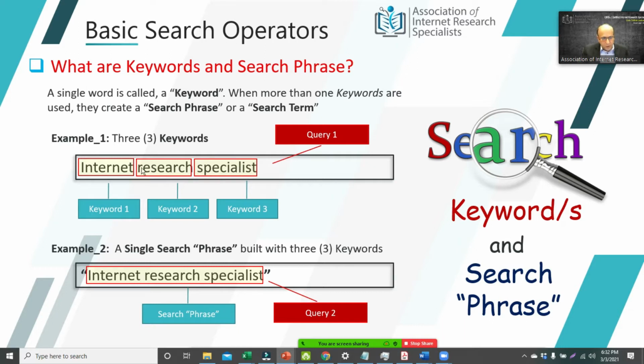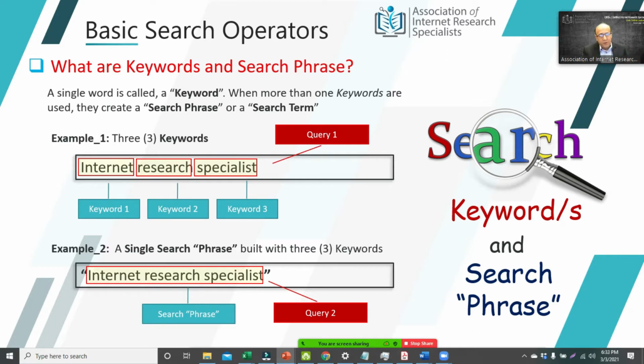So the search is going to think of each of these words as single keywords, not as a single search phrase. A phrase means that the words are going to maintain the sequence to give it the sense in which it is actually put together. So a phrase can have a different meaning if we start to reshuffle those words.